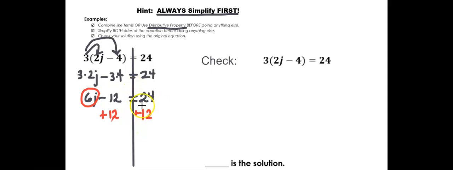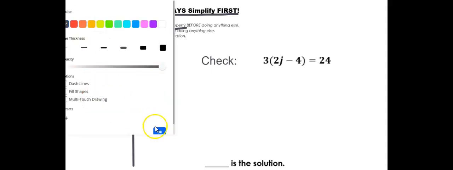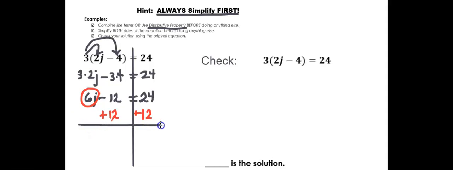And on this side, it gives me part of the solution. Okay, so I just draw my equal sign in, and now I do the math that I just wrote. 6j minus 12 plus 12 simplifies into 6j, and 24 plus 12 is 36.